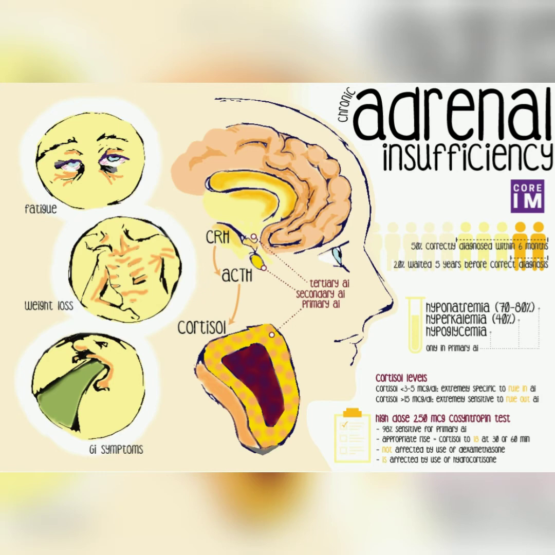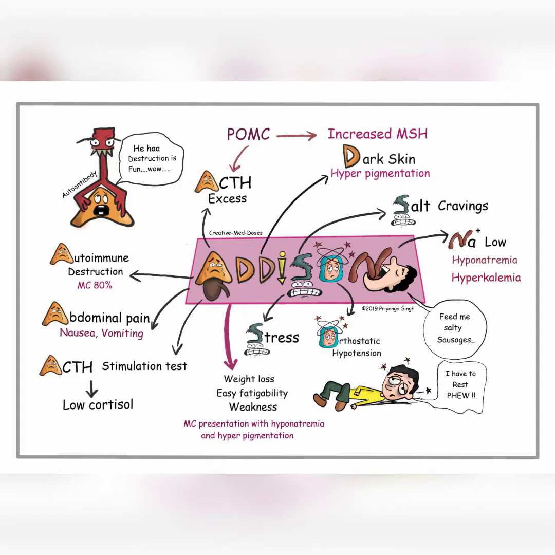So what is the most common cause of mineralocorticoid excess, sir? Let's suppose there is excessive mineralocorticoid inside the body. What could be the cause? Is it an ACTH-secreting tumor, maybe?